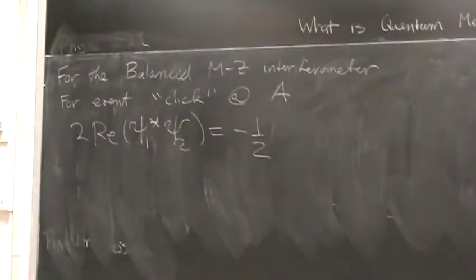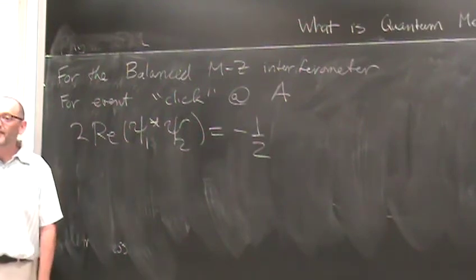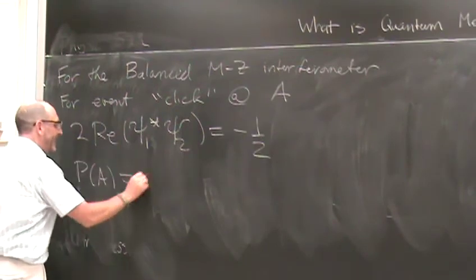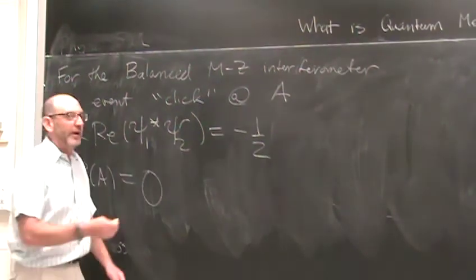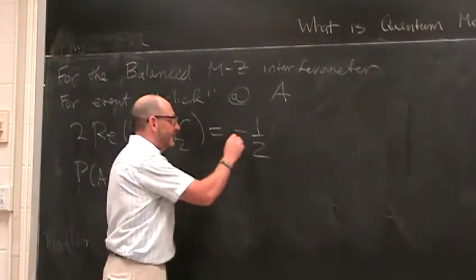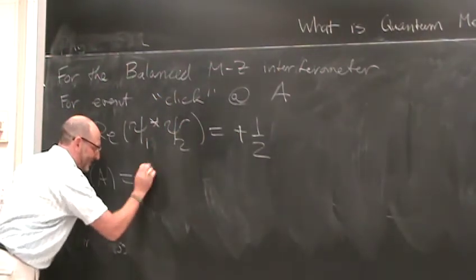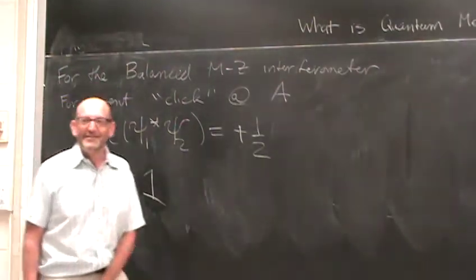It's negative a half. So that whereas P1 plus P2 here, according to what's written on the backboard, is a half, this is equal to minus a half. So that the total probability for A to go click, oh, it's the other way around. Sorry, this one's positive. This is 1.